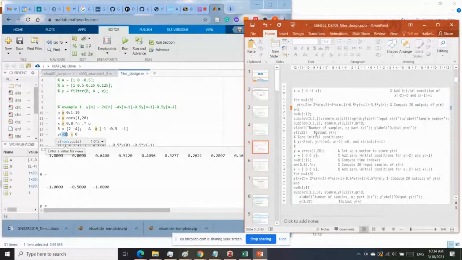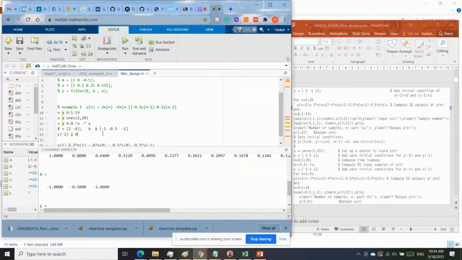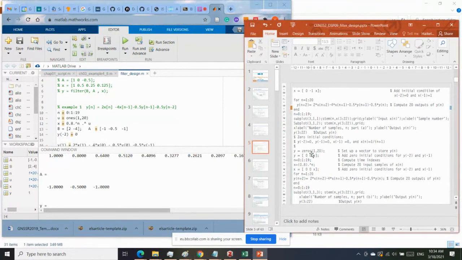So how are we gonna solve that? You have to put them in a vector.